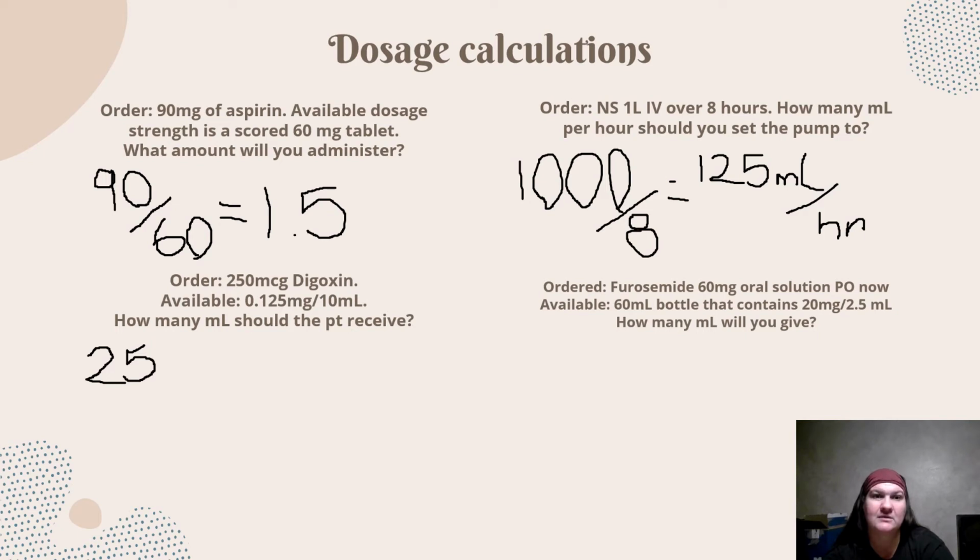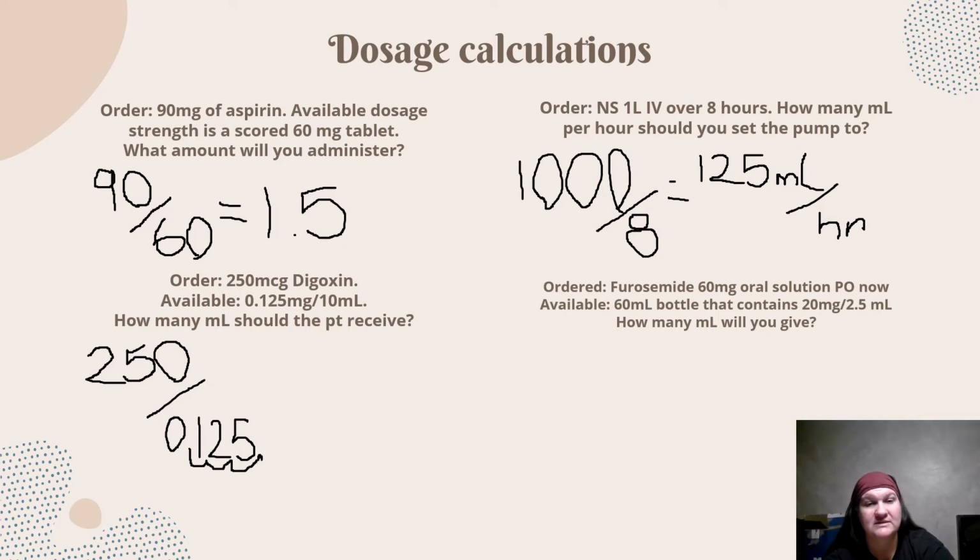Okay, 250 micrograms over 0.125 milligrams. Well, we have to get milligrams to micrograms. I'm going to go milligrams to micrograms and just move that decimal down. 1, 2, 3.